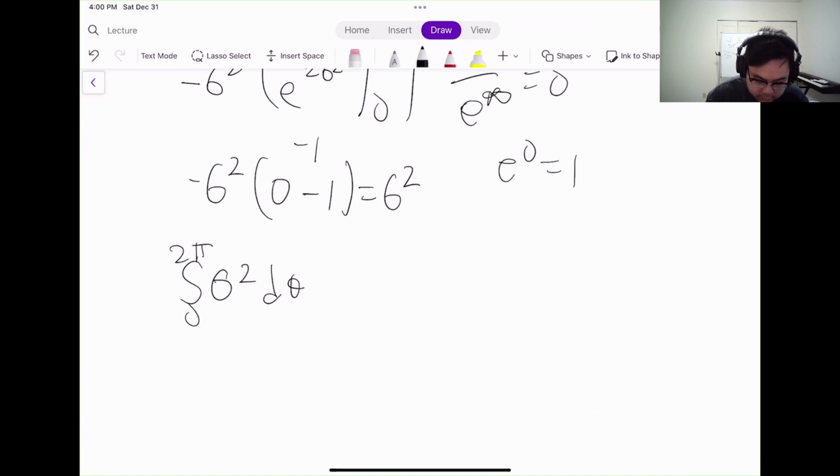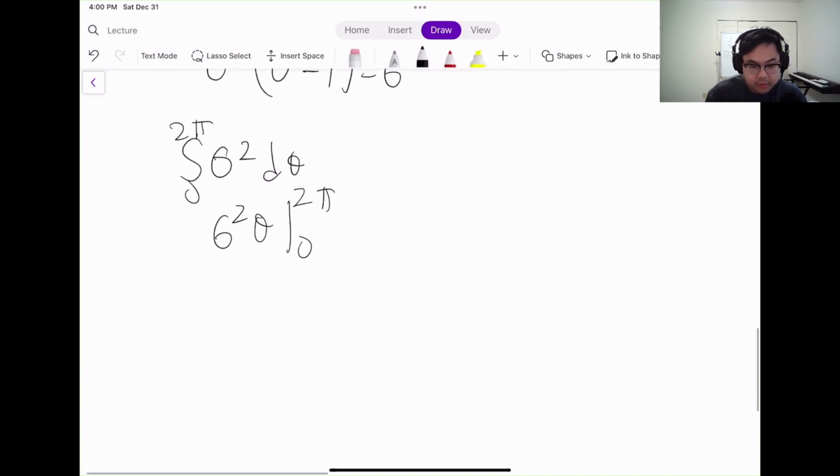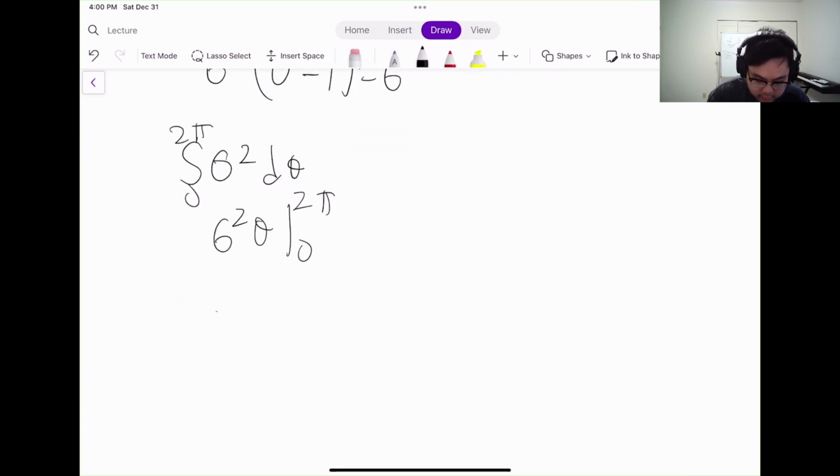It's a theta. So what do we have here? We have sigma squared theta from 0 to 2 pi. So let's plug in 2 pi. We get 2 pi sigma squared. Sorry, I keep saying theta. And then if we plug in 0, it's just 0, right?